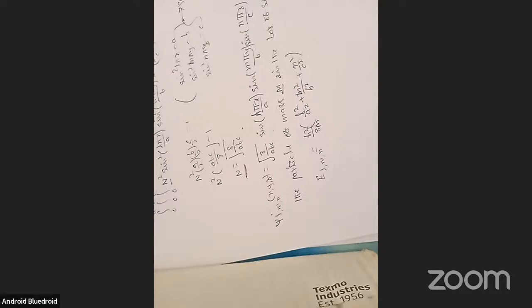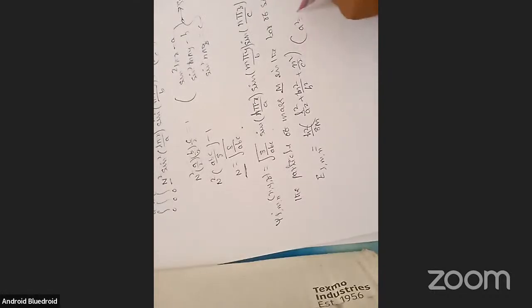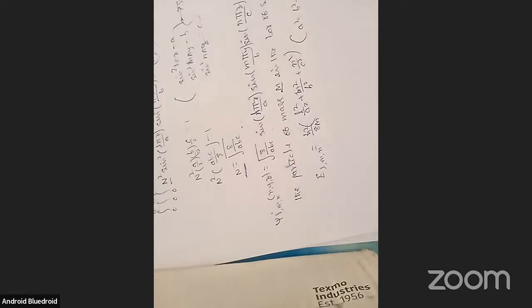Those three values are substituted here. So here a square is equal to b square is equal to c square. This is the formula.